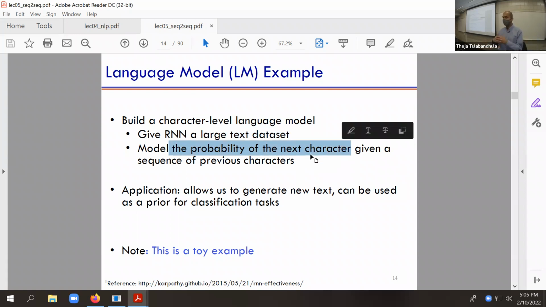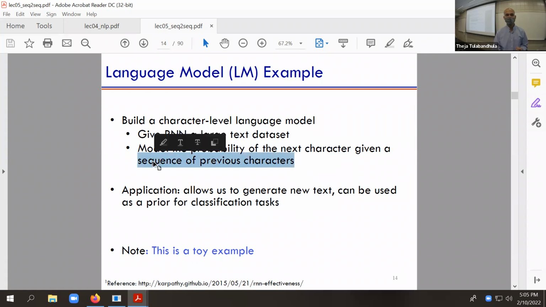If you fix the number of previous characters, you can probably get away with not using an RNN. But the number of previous characters can change. As we'll see in the next slide, it can be 1 or 2 or 3 or 4 depending on where you are in the word.